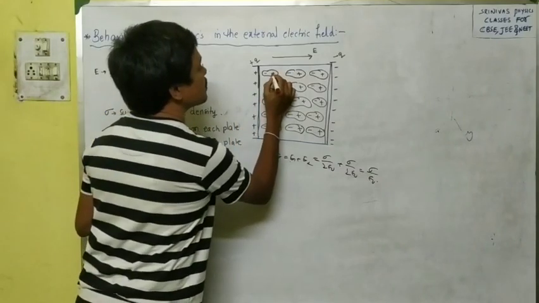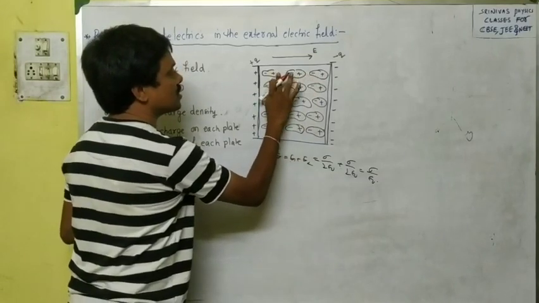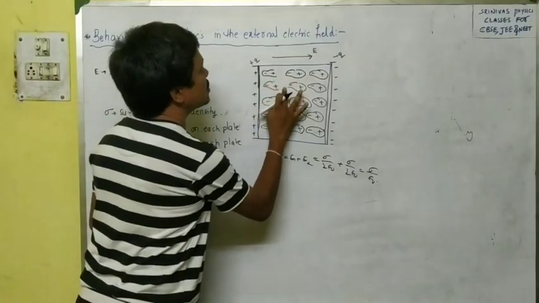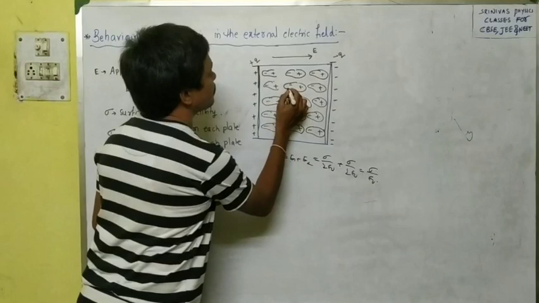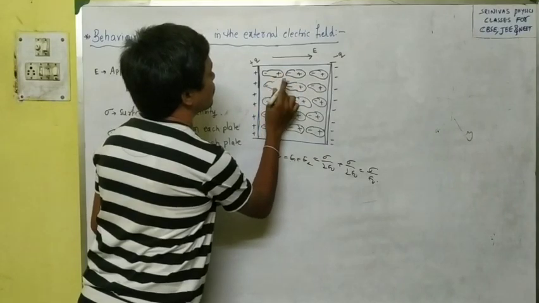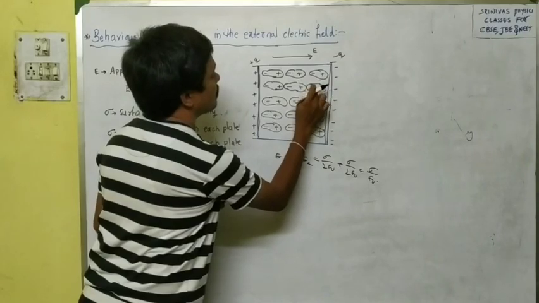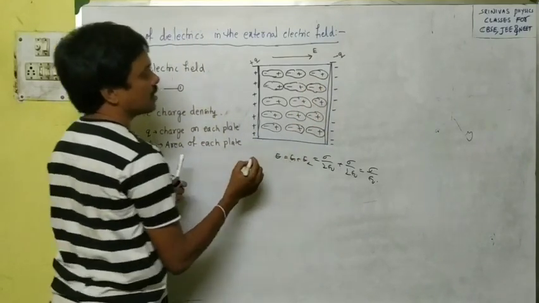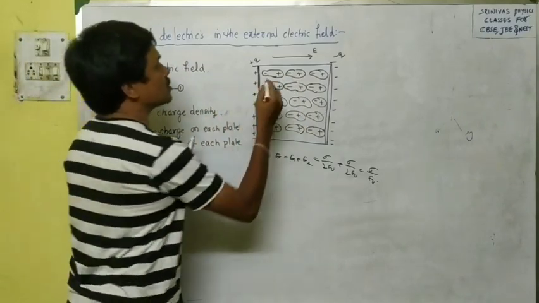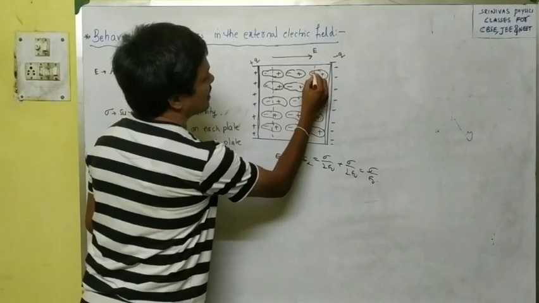Where a positive and negative are near each other, they will cancel with each other, like this, all through the interior.